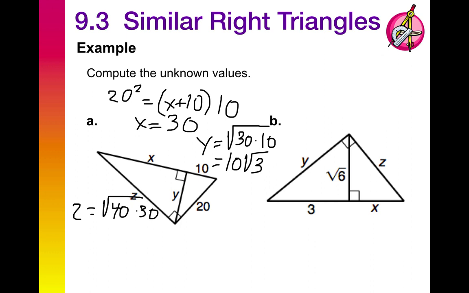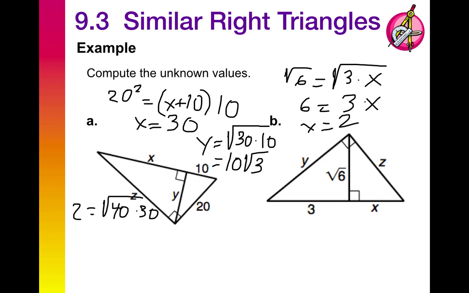Now if we go over to b over here, you can see that this is the geometric mean of this and this. So we can say that the square root of 6 is equal to the square root of 3 times x. If we square both sides, we get 6 is equal to 3 times x, so x is 2. And you can work out y.